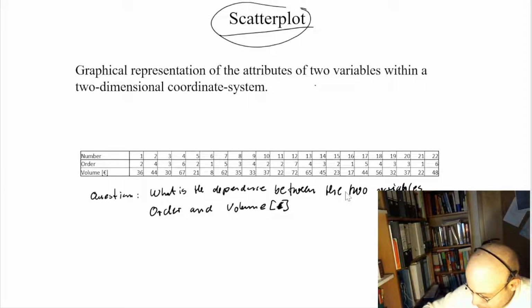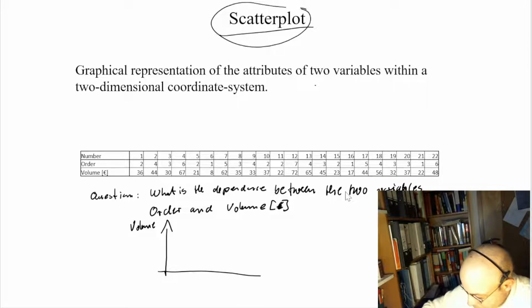So, for example, on the vertical axis we could put volume, and on the horizontal axis, for example, order.